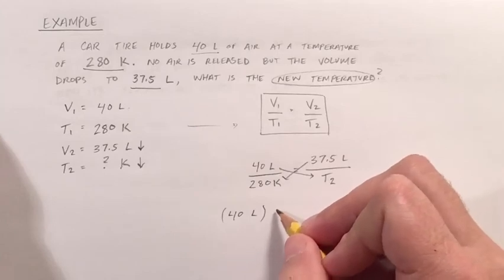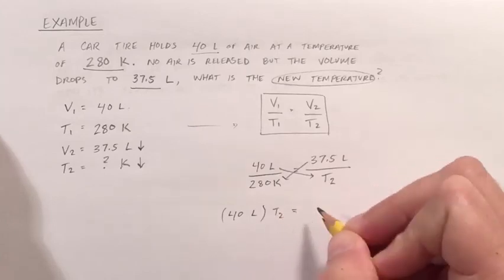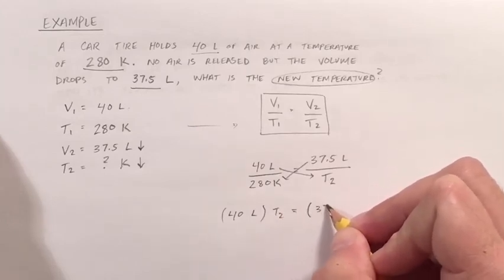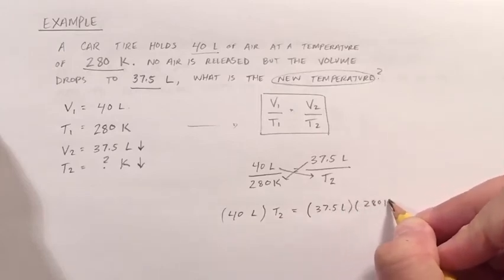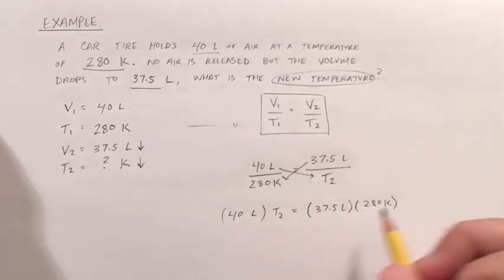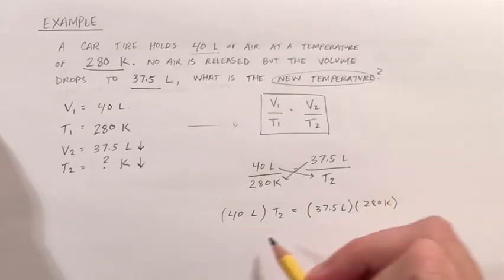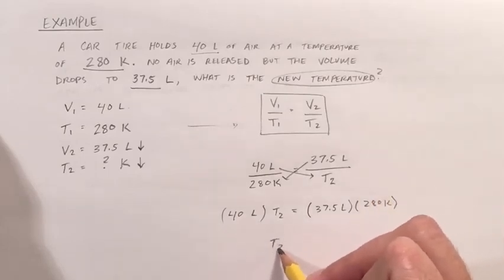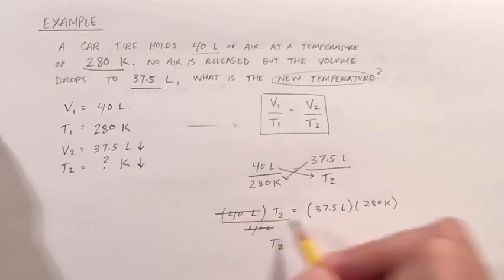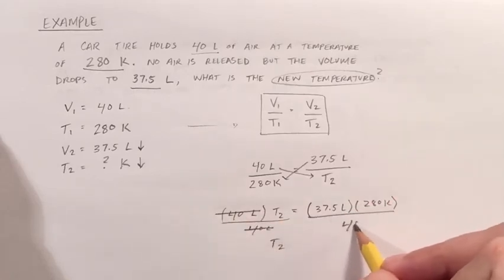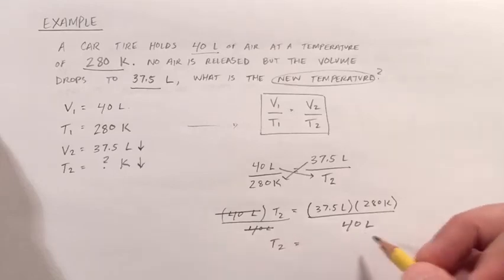So we get 40 liters times T2 equals 37.5 liters times 280 Kelvin. We're going to divide 40 liters over. These two will cross out, and we'll get 40 liters on this side.